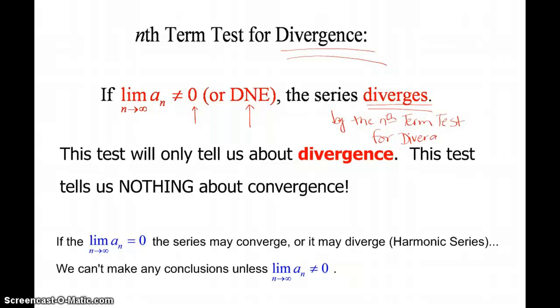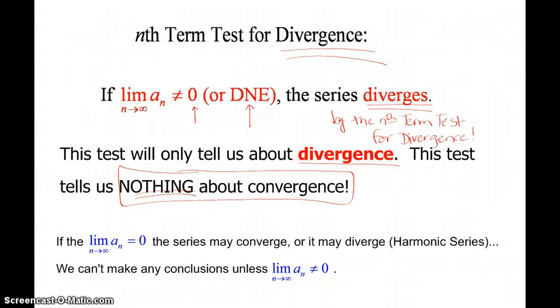That's how you are going to justify that you know your series diverges. And remember, we have to state our justification. This will only tell us about divergence. This test tells us nothing, absolutely nothing about convergence.